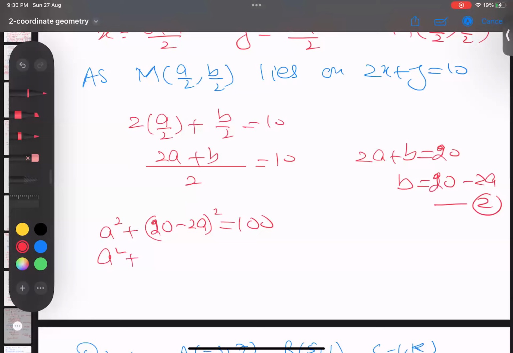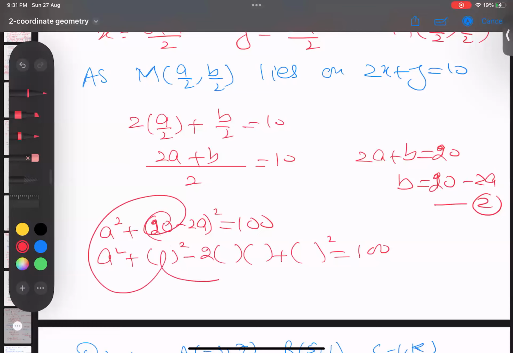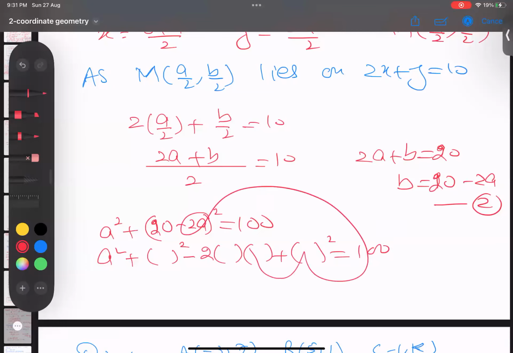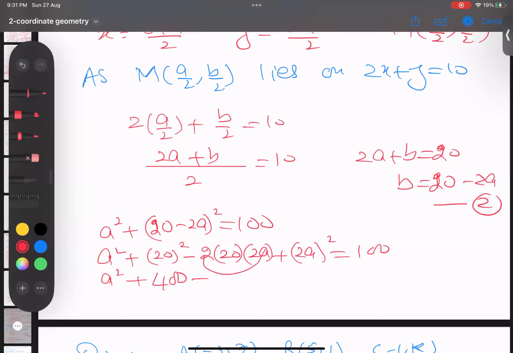So it becomes a square plus b square. If we expand, some students write it as 2 times multiply, but I use the squaring identity: first term squared, plus 2 into first term into second term, plus second term squared, equals 100. 20 comes in the first brackets and 2a in the next brackets. So a square plus 400, minus 80a, plus 4a square equals 100.